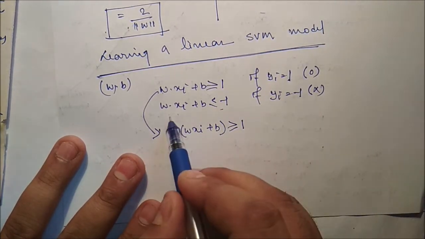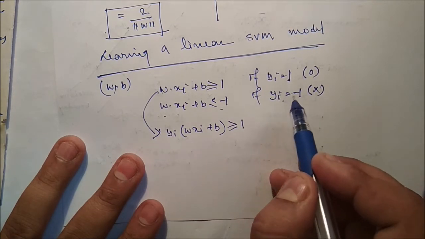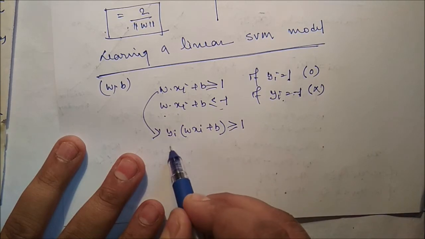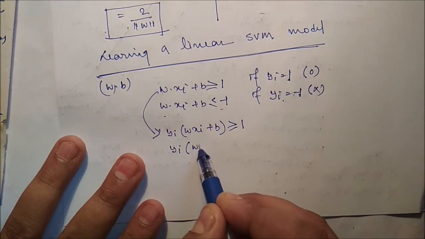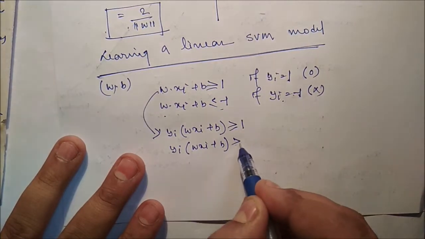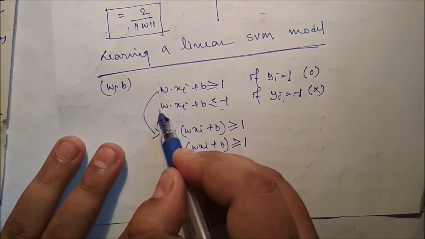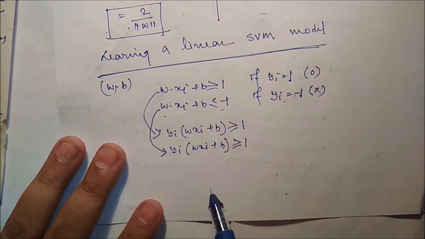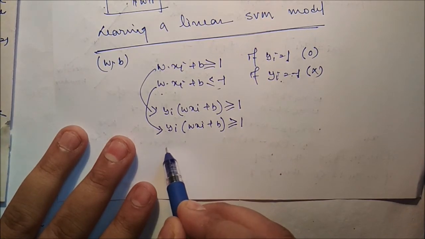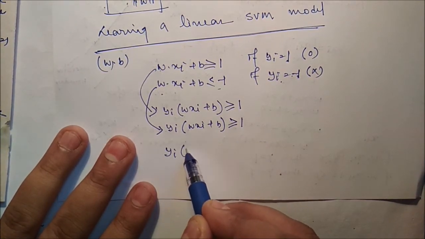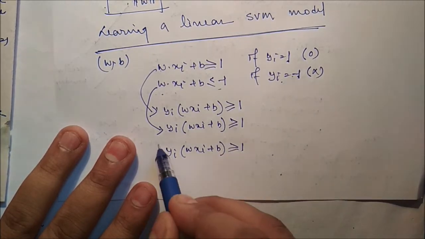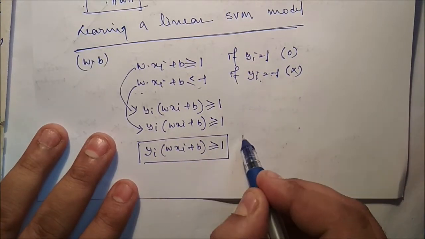And in the second equation, if you multiply by yi, which is minus 1, then yi(w dot xi plus b), with the sign flipped, should also be greater than or equal to 1. Now we can see both are the same. That means the compact representation is yi(w dot xi plus b) greater than or equal to 1, where i varies from 1 to n.